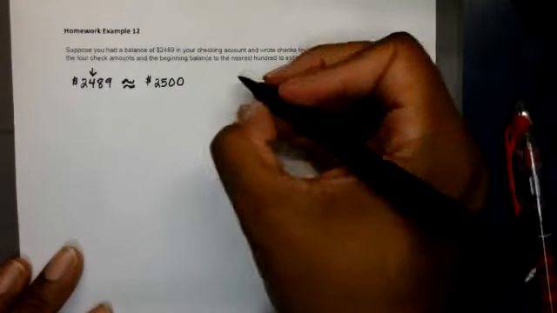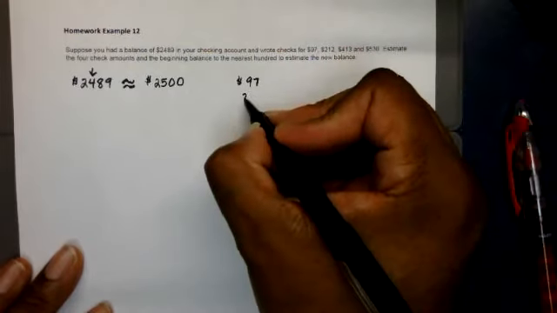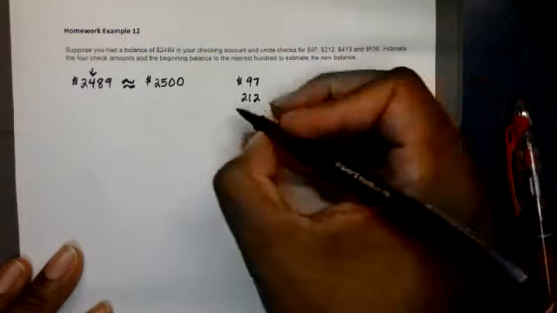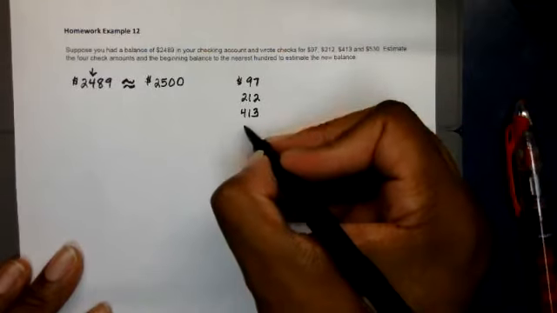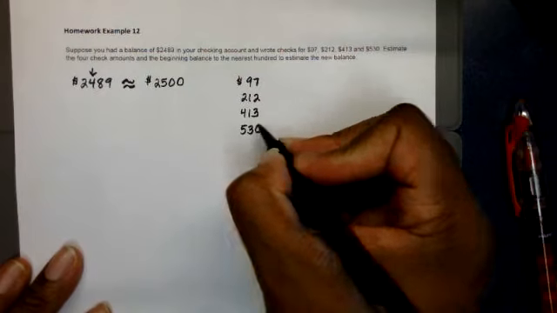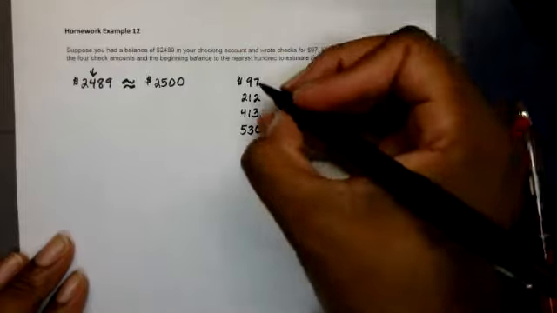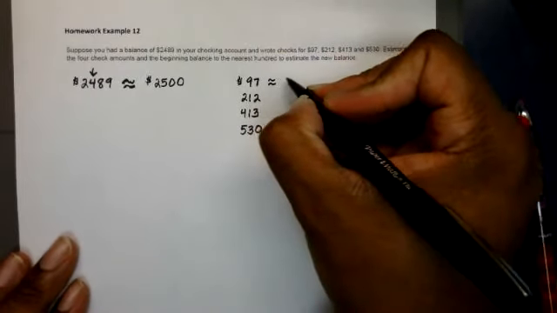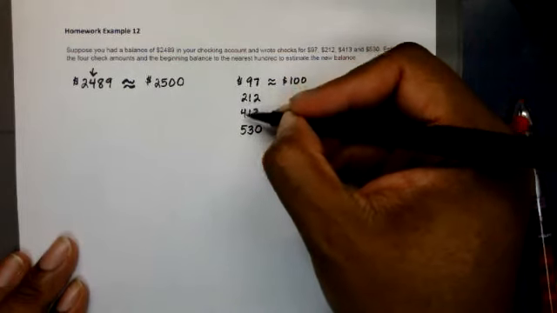And now we have 4 checks. One for $97, one for $212, one for $413, and one for $530. We're going to round each one of these to the nearest hundred. Well, $97 is close to $100, so we'll round that off to $100.